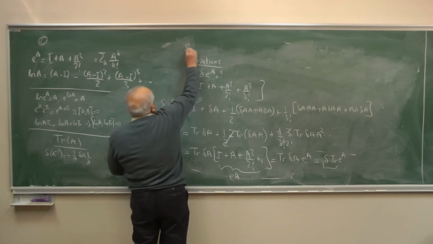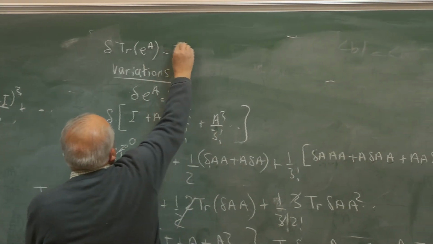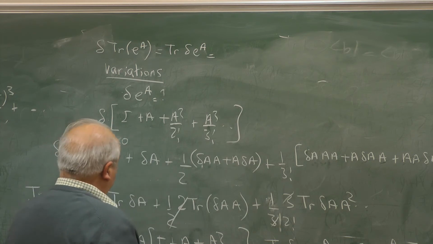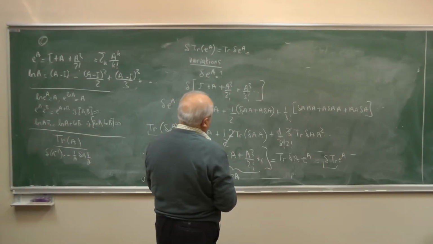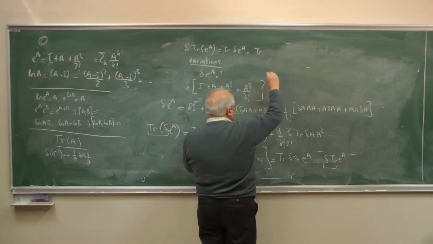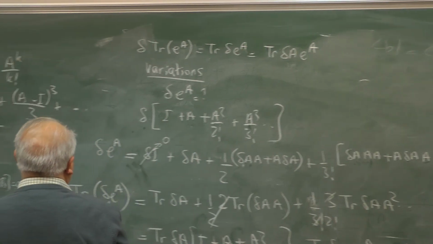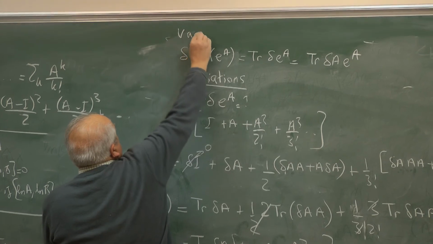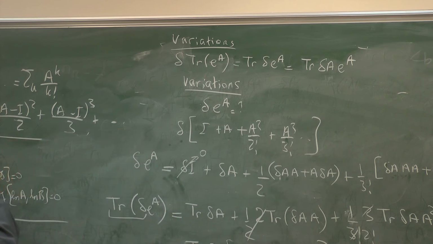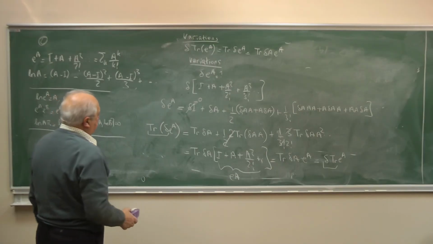Delta trace e to the A is equal to trace delta e to the A. That's equal to here trace delta A e to the A. Let me write the variations here. I'm going to erase this.